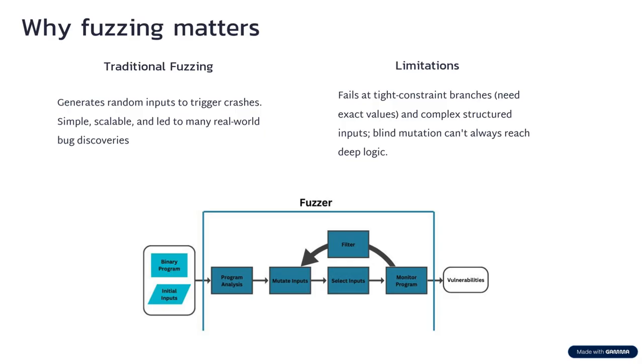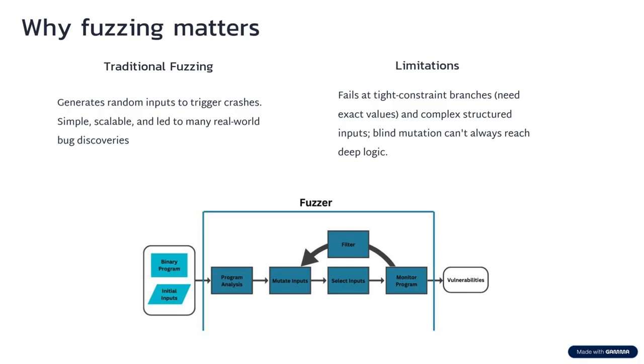Inside this loop, there are really three main things that happen. The inputs get mutated, and then those interesting inputs that are relevant to us get selected, and then we monitor the program. When the input runs, the fuzzer tracks the coverage, meaning which parts of the program are executed.